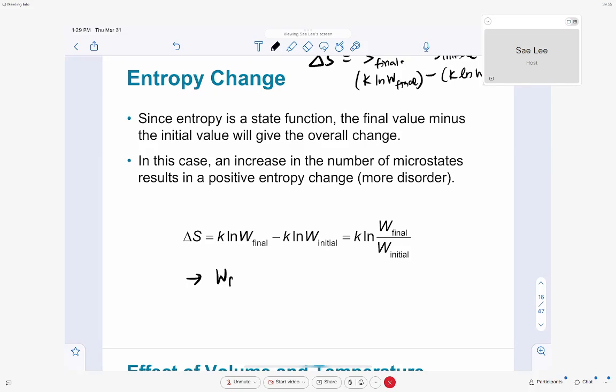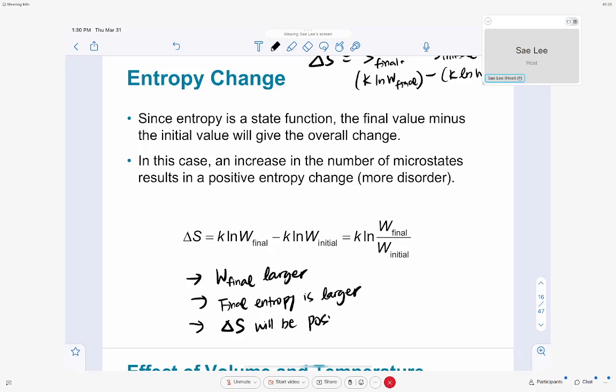If the final microstate is larger than the initial, the final entropy is larger, and as a result the change in entropy will be positive.